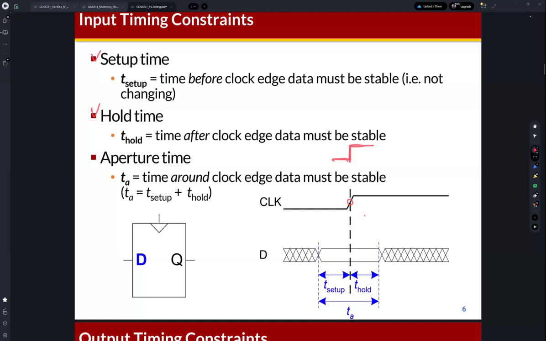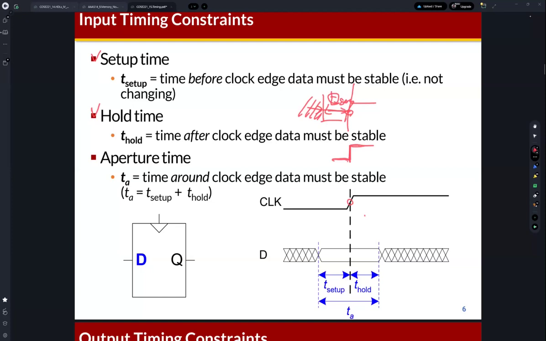But in reality, we can observe the slope of the clock signal. Because the D flip-flop is also a real circuit, the input signal needs to be stabilized before this T setup time before the rising edge of the clock.